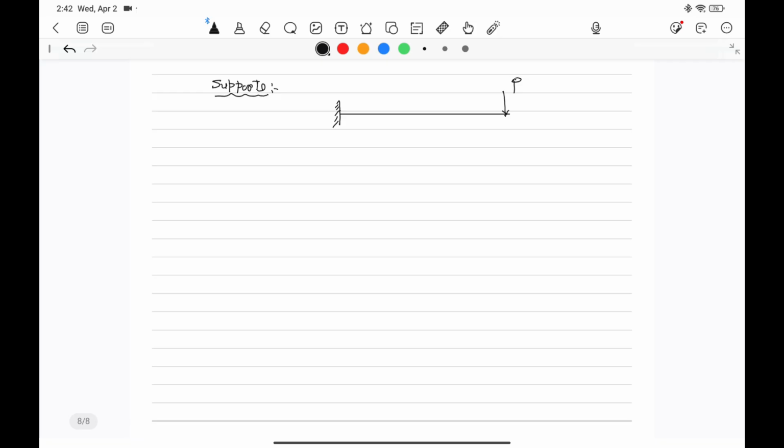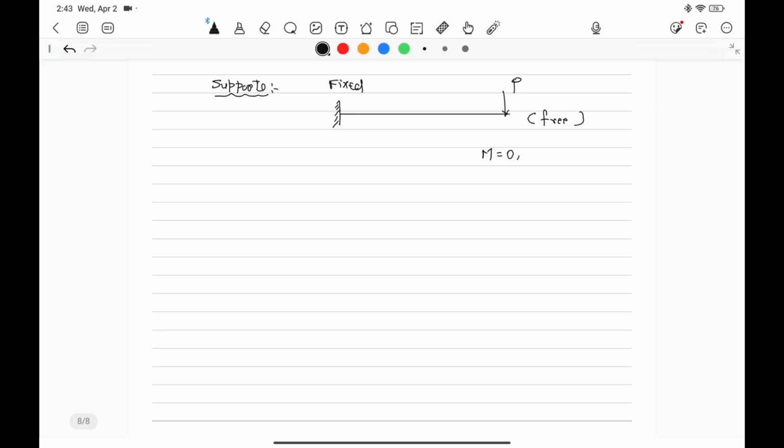It is called a fixed support. I have given a fixed support, and here nothing is there, no support. It is called free. At a free end in a beam, moment will be 0. We have seen that in plane trusses also: moment at a pin joint is 0.